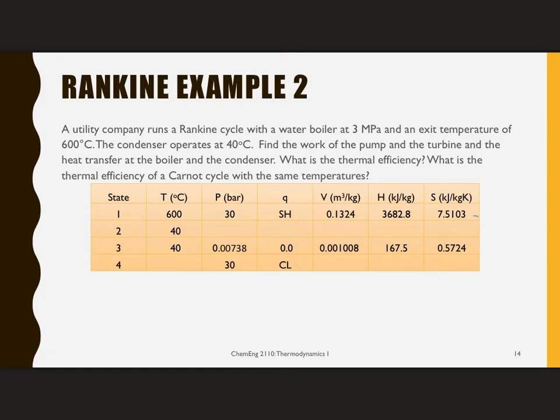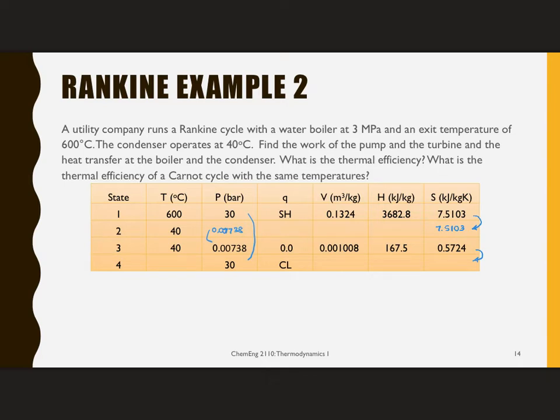We are making the same assumptions as before, that the pump and the turbine are isentropic, and that the two heat transfer devices are isobaric. So we know, therefore, the pressure and the entropy at state 2 now, okay?